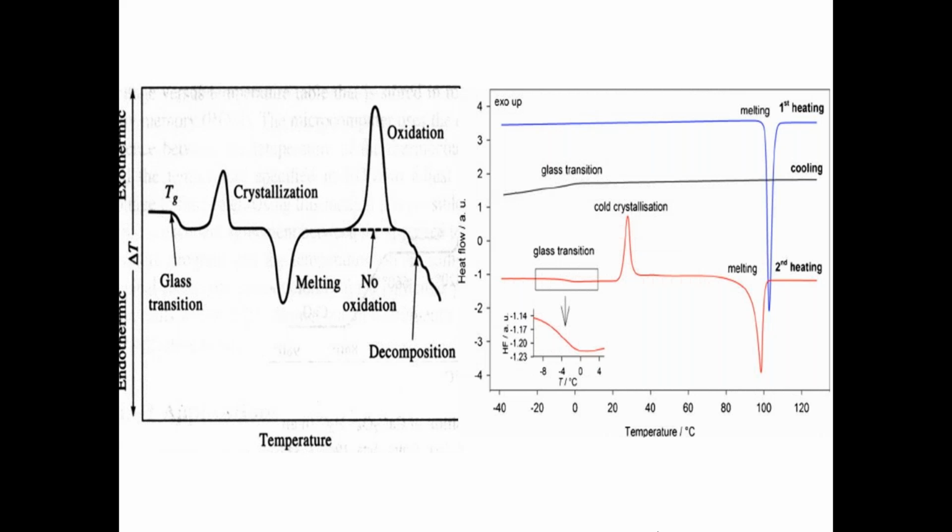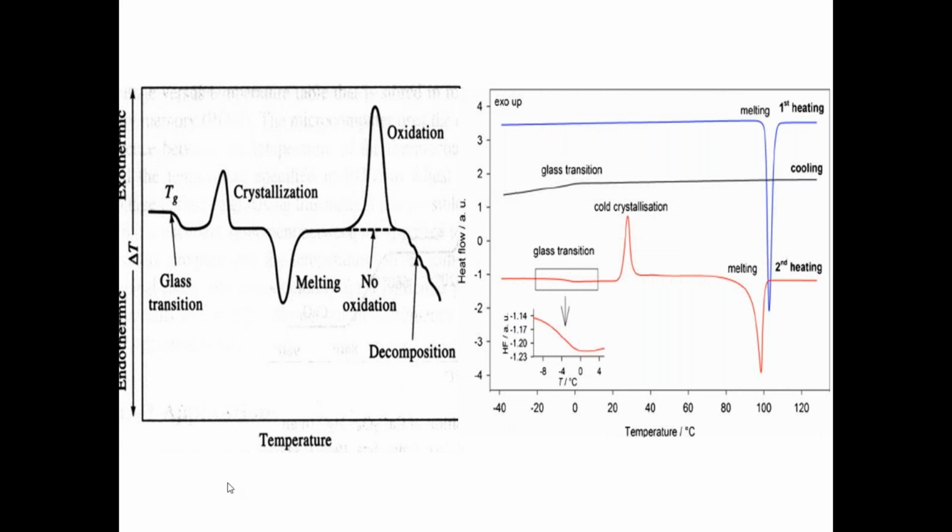This is how the graphical representation is done. Any analytical technique is represented in one form or another, and one of the representations is a graphical representation, and this is called endotherm graphs.